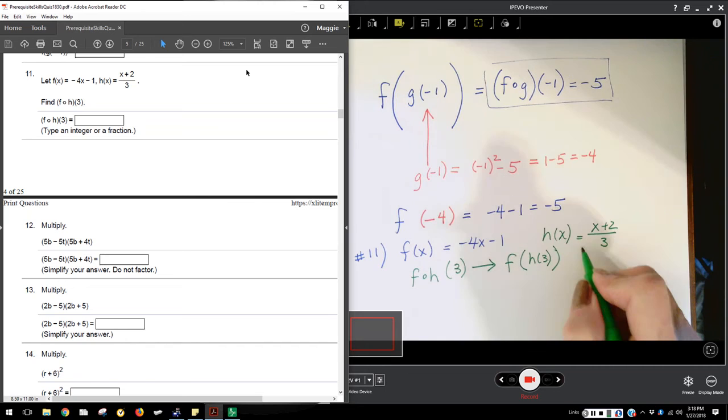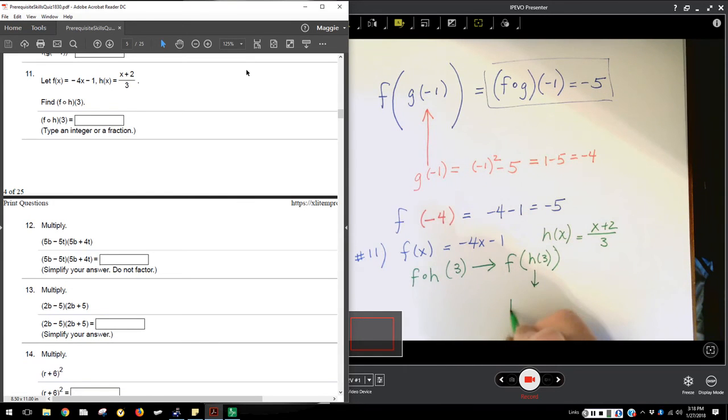So the first thing we need is h of 3. And that turns out to be 5 over 3. So then f of 5 over 3, and I said 5 over 3 and wrote 5 over 5.